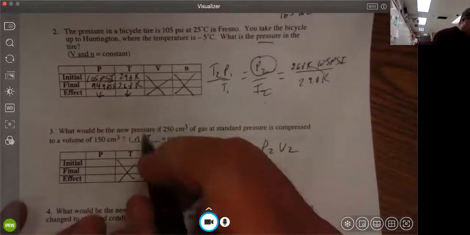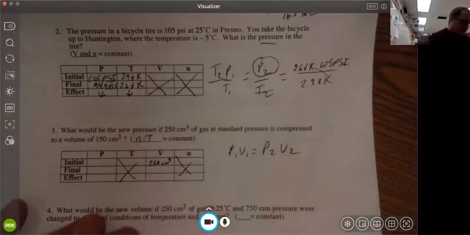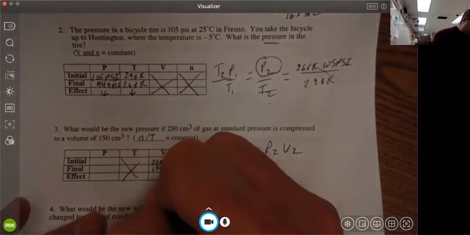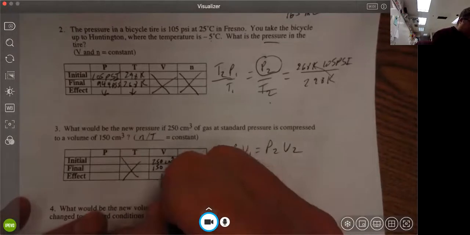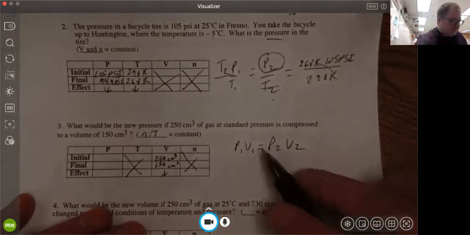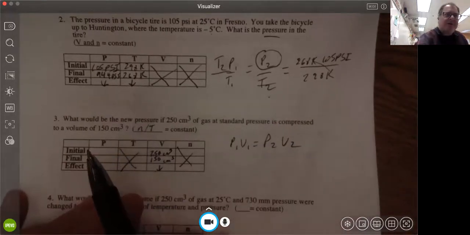We know that we have 250 centimeters cubed. We know it goes down to 150 centimeters cubed. As volume goes down, pressure should go up. As volume goes down, we put the squeeze on it, so the particles should be hitting more often.